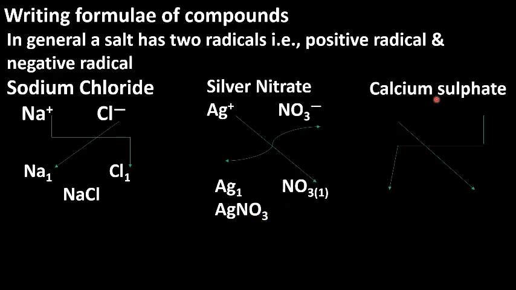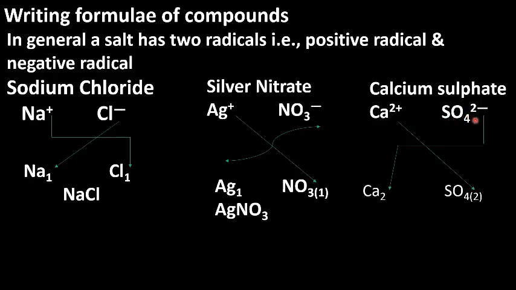Now let us have one more example, calcium sulfate. What is the radical of calcium? Ca2 plus. Sulfate radical, SO4 2 minus. So here also the charges are the same, that is 2 units of positive charge, 2 units of negative charge. In the previous two cases the charges are the same, that is the magnitude is 1 and 1, whereas here the charges are the same but the magnitude is 2 and 2. In such cases what do we have to do?